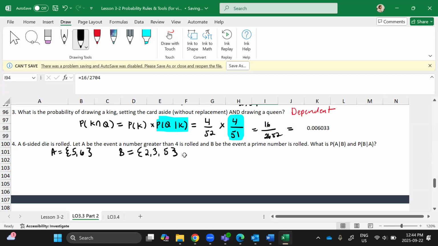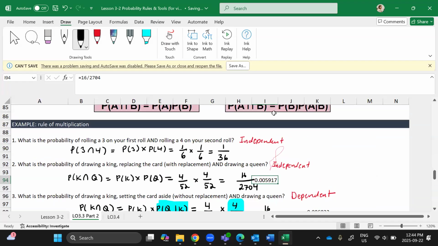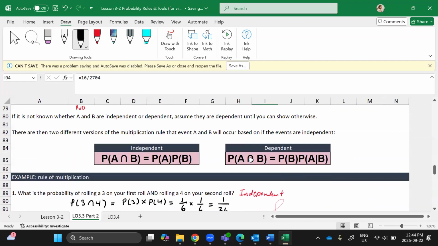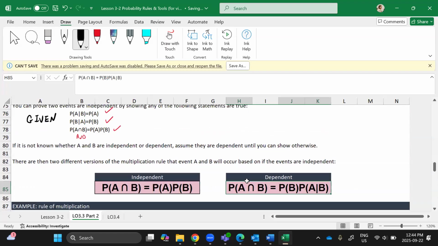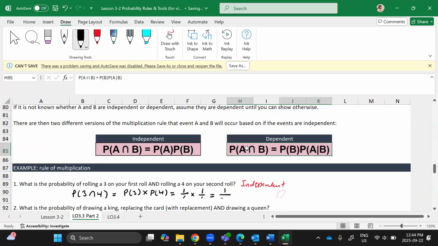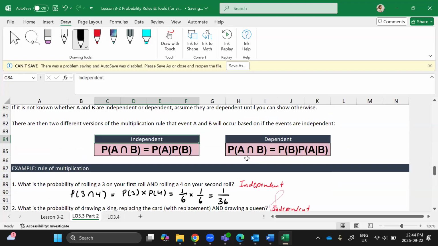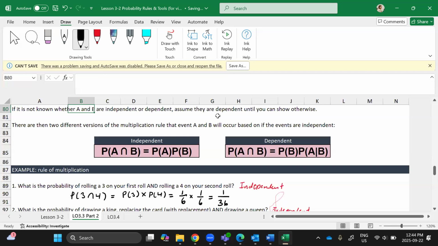Okay. Now we want to figure out what is the probability of A given B and the probability of B given A. For this, you can actually use the multiplication rule. The multiplication rule says that if you aren't sure if the events are independent or dependent, you assume dependent until you can show otherwise.